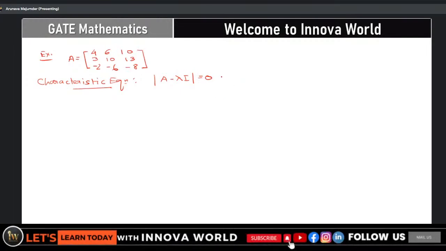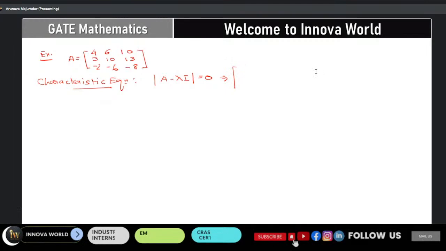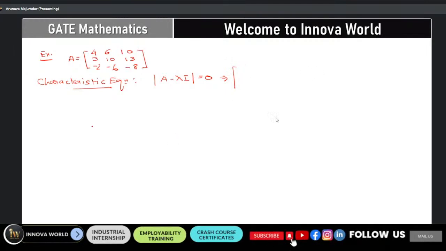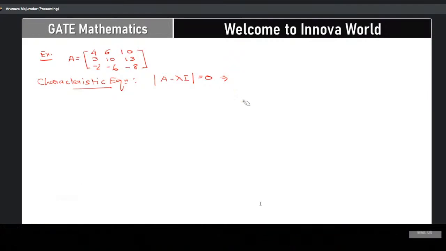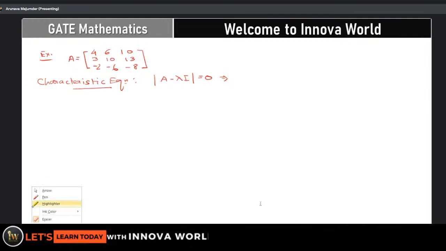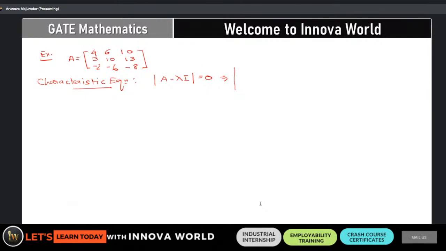So A minus lambda I, I already told you, directly we can write the matrix as a determinant like this. Sorry, but directly we can write the determinant like this.